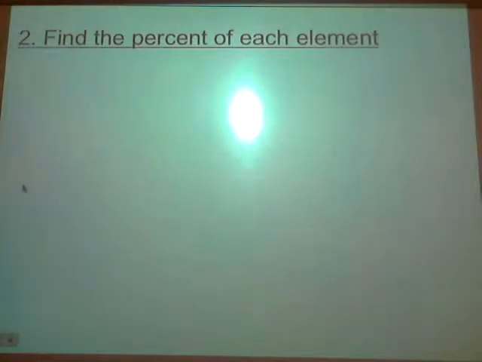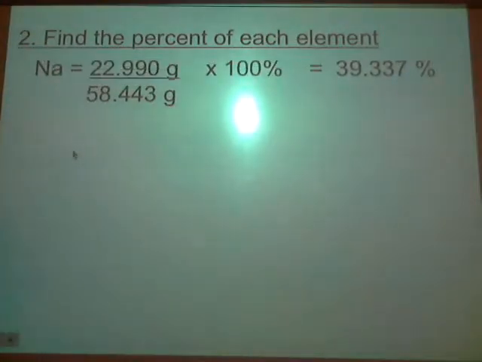22.99. Divided by? 58. Exactly. And then times by 100. Exactly. And you get 39.337%. What are you going to do to get chlorine? 35.453, right?